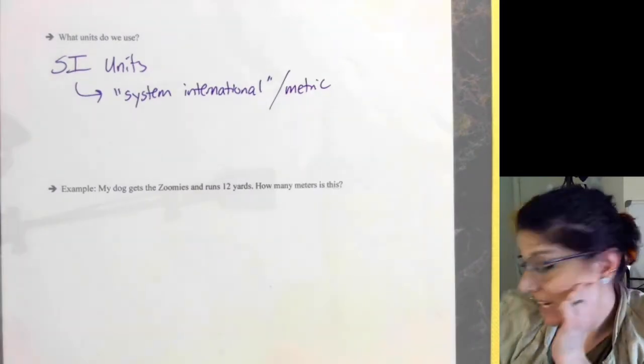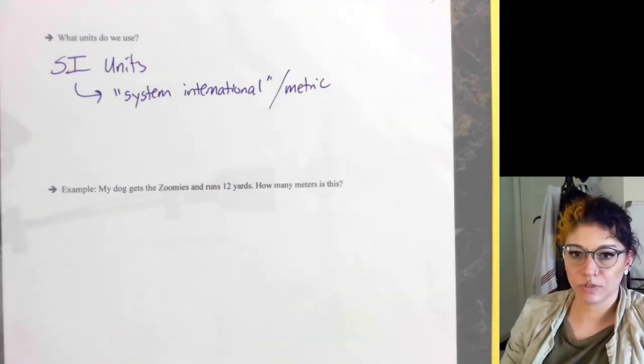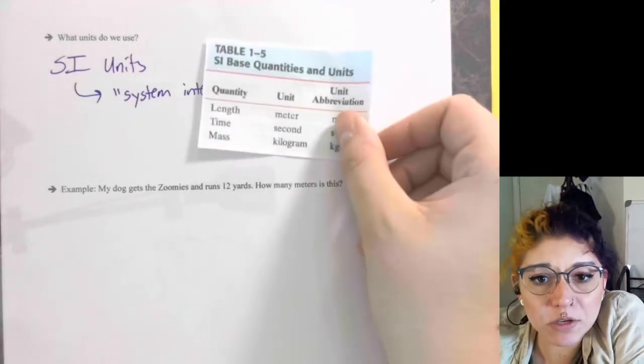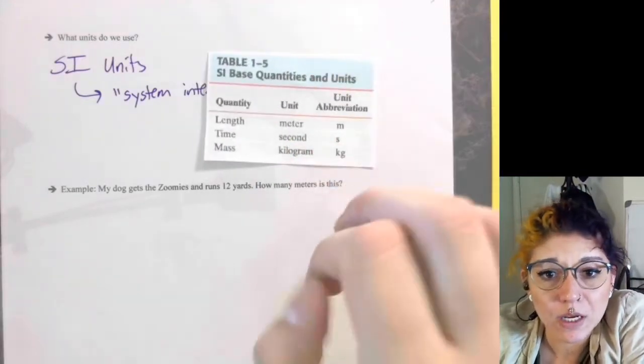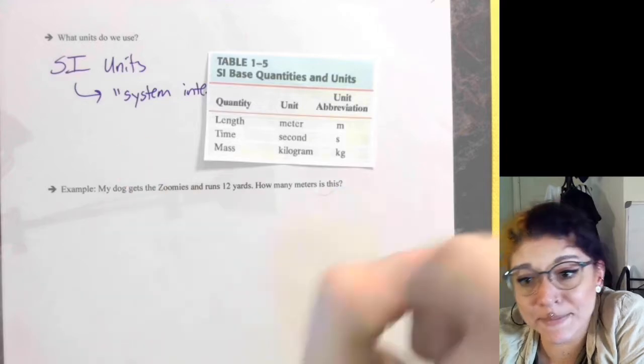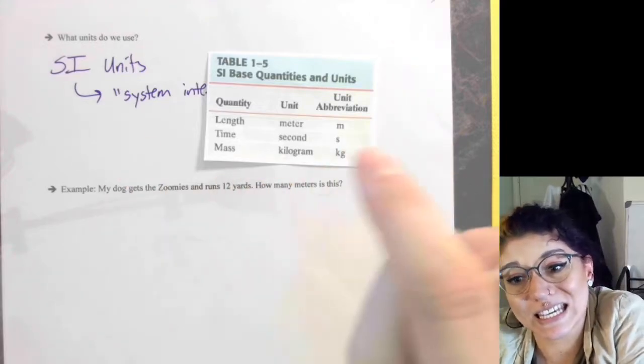So we use these SI units. The most common units that we will use include these ones: length in meters, time in seconds, and mass in kilograms.